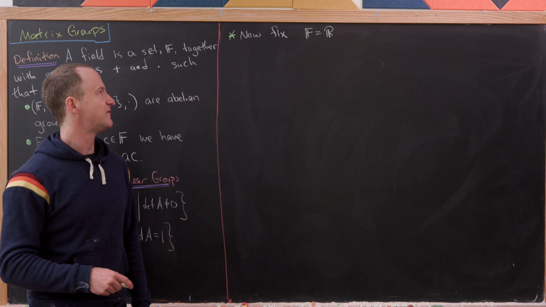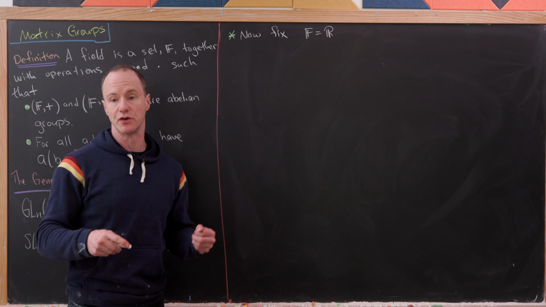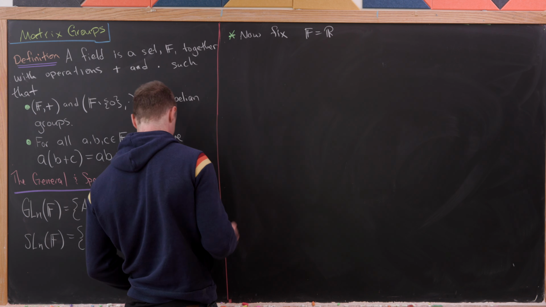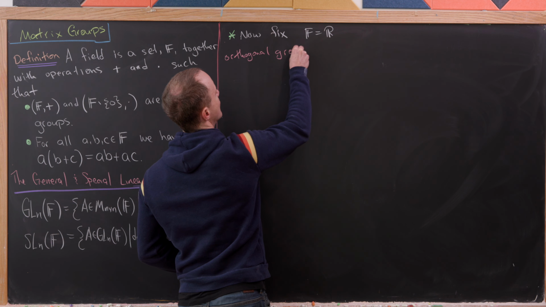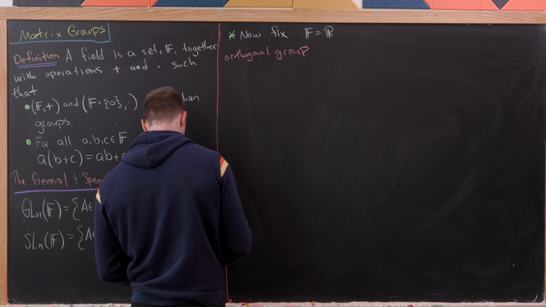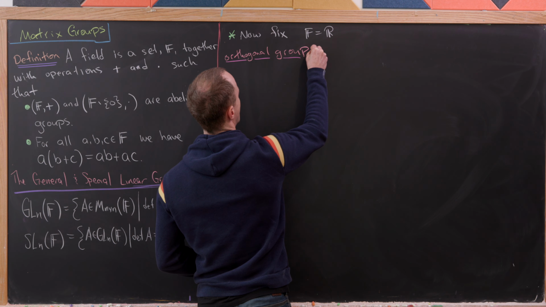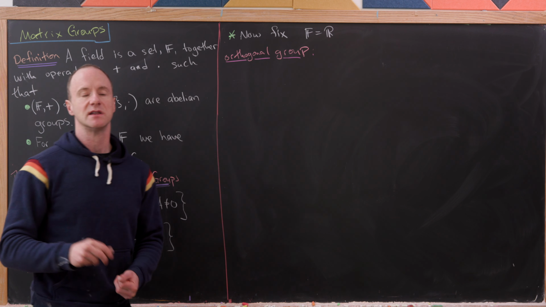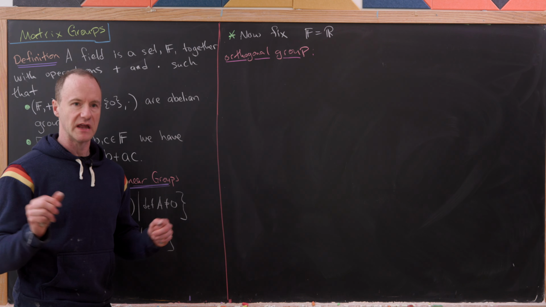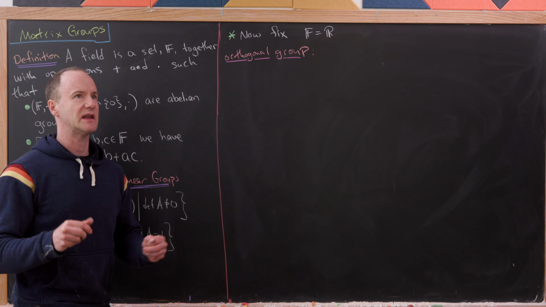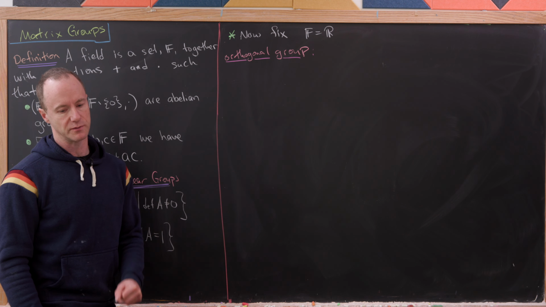Okay, so now we're gonna fix the field to be just the real numbers, and we're also gonna look at the orthogonal group. And I should say here, the real orthogonal group. And you might say, well, why are we gonna look at the orthogonal group over R? Well, that's because, like I said before, our goal in the end of all of this is to look at so-called wallpaper groups, and you need to have some sort of knowledge of the orthogonal group to see that.